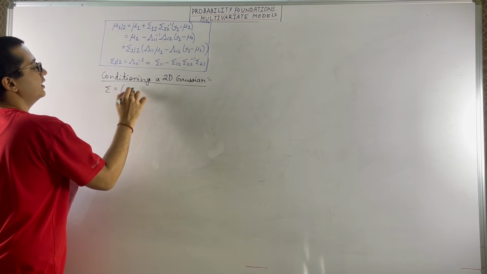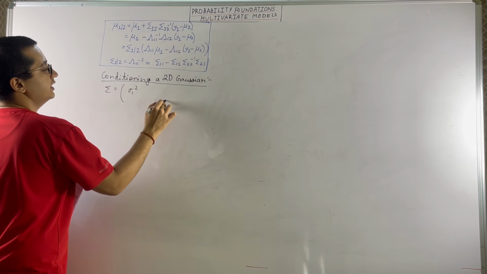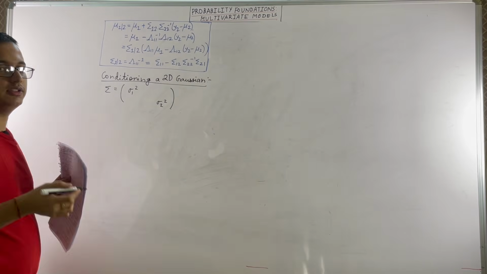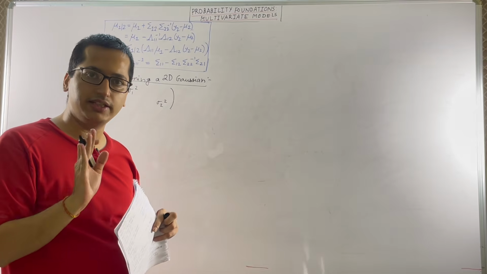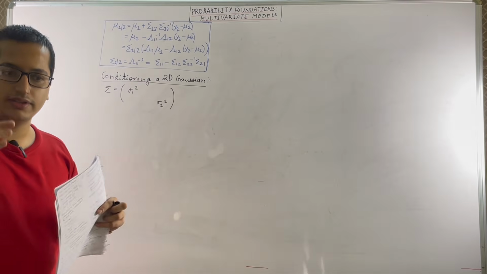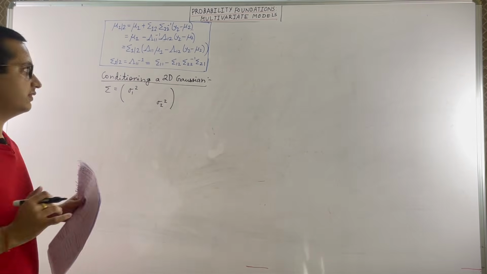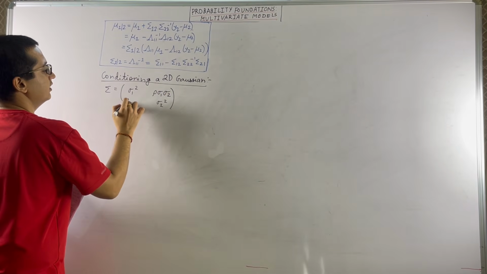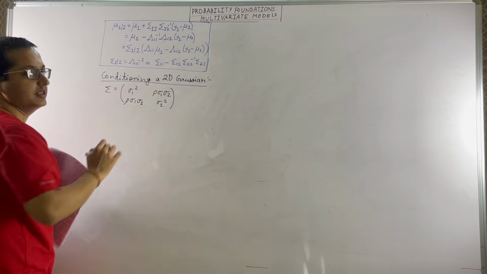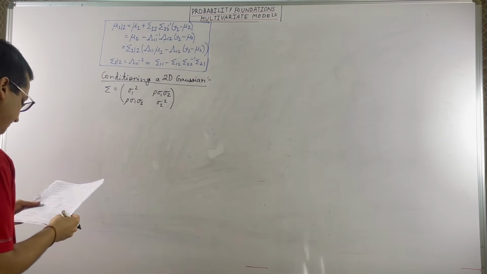So sigma 1 square, sigma 2 square, right? And what we have, the covariance of x comma y is the correlation coefficient that we studied, rho, times the variance of x1, variance of x2. So rho sigma 1 sigma 2, all right? And by symmetry, same thing, you get, all right?